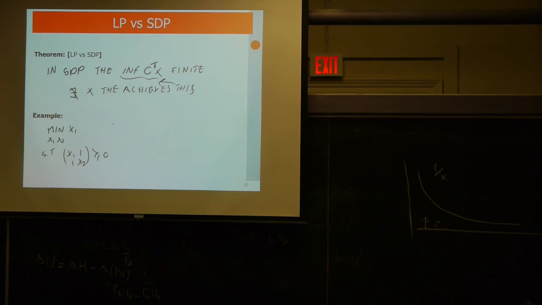So I can rewrite this to look more familiar to you: it is the same problem as let's minimize x1, two variables x1, x2, subject to x1 times the matrix 1, 0, 0, 0, plus x2 times, any help? 0, 0, 0, 1, plus, right, 0, 1, 1, 0, is PSD.